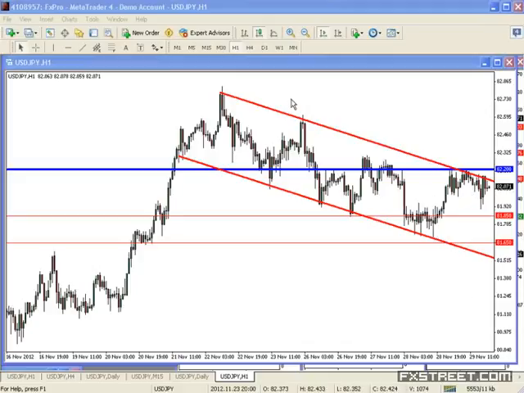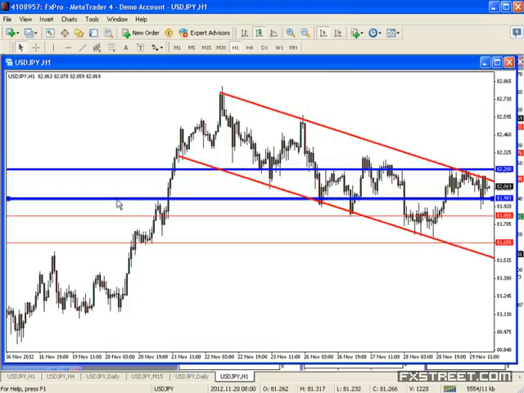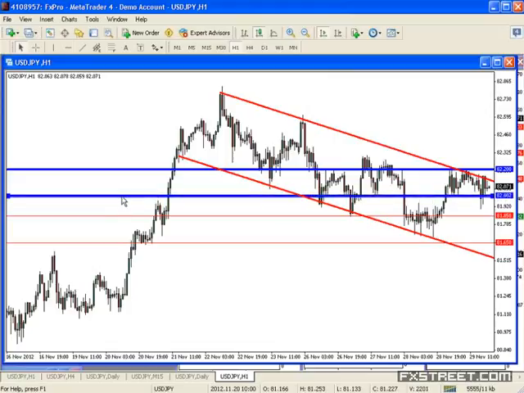And the point I want to make before I move on is that let me put the line at 82 now. All things being equal, let me make this a horizontal black line.